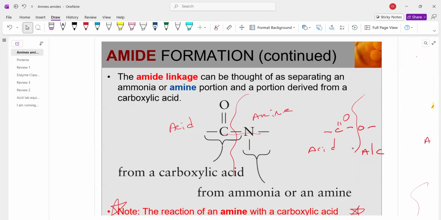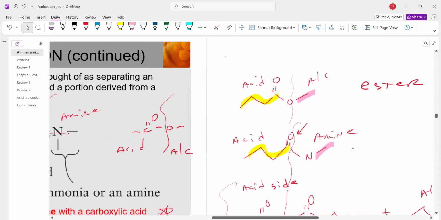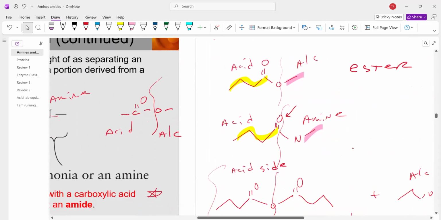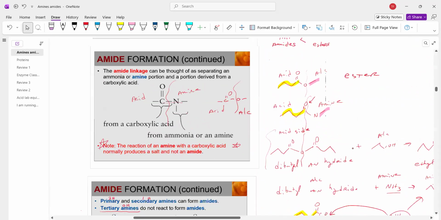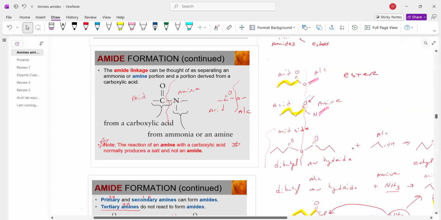Now, if you remember when we were making esters, there are three ways to make an ester. There's the alcohol and acid way.